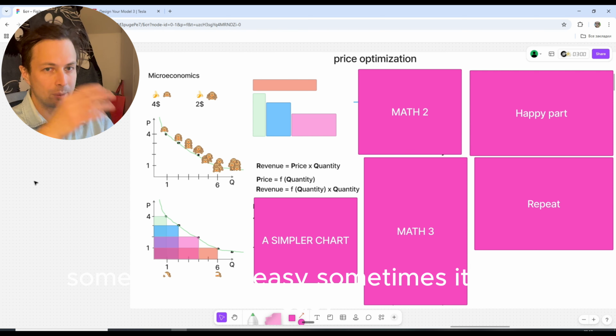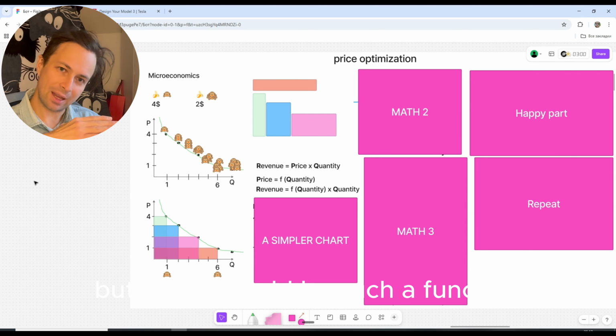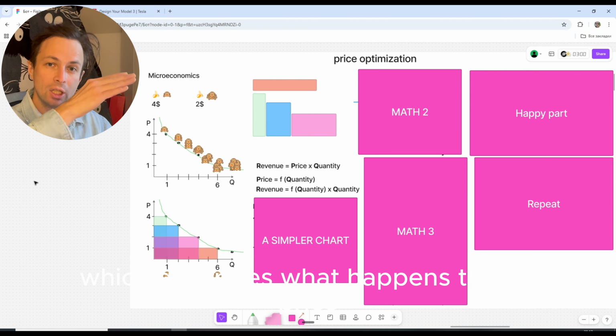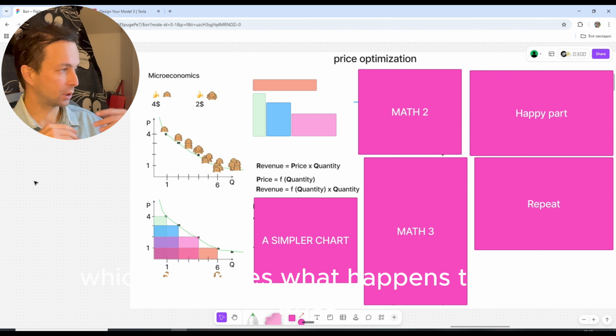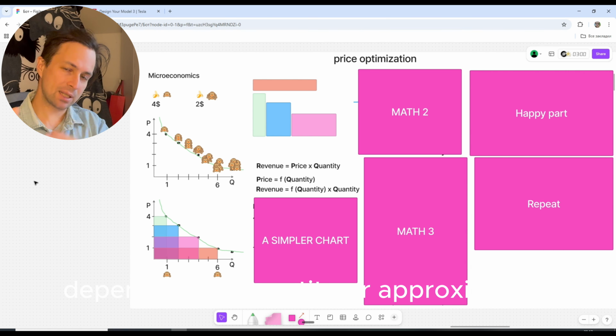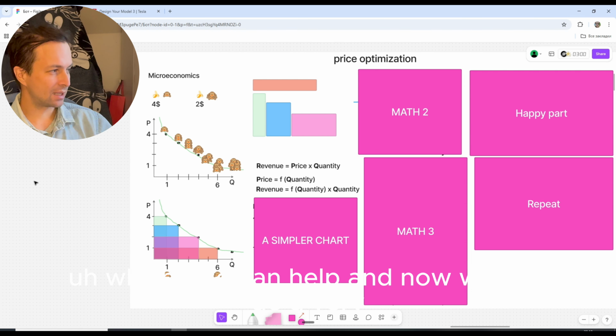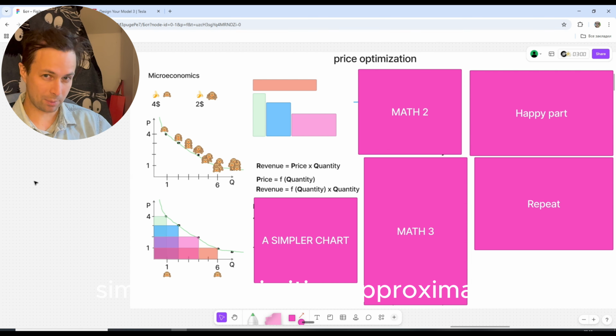Sometimes it is easy, sometimes it is not easy, but there should be such a function which describes what happens to the price depending on quantity, or an approximation, which also can help. And now we will do a very simple and primitive approximation.